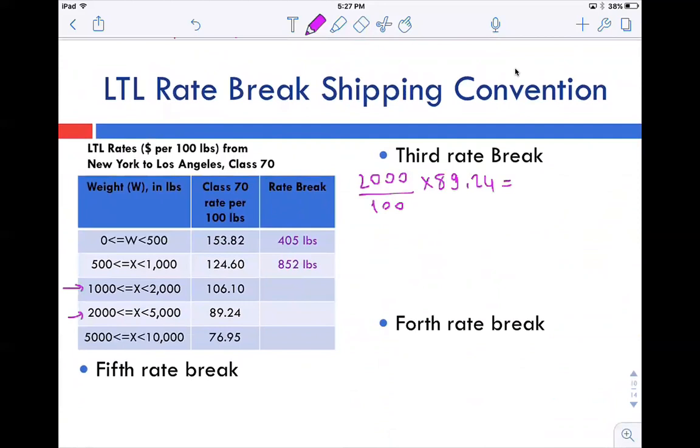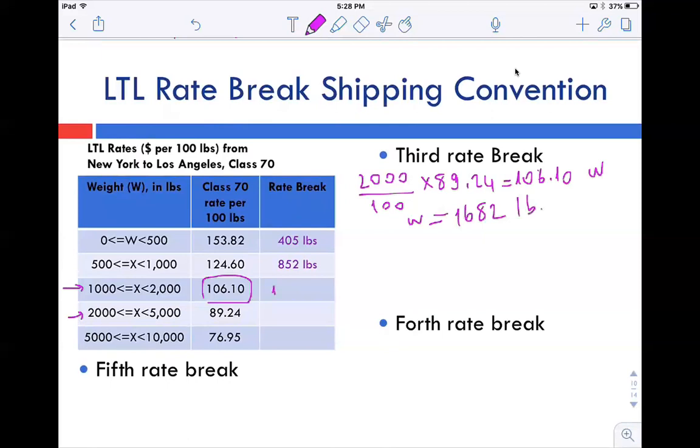And we are using the third rate break price level times V. So we leave V alone, and we see that our rate break here is equal to 1,682 pounds. Okay.